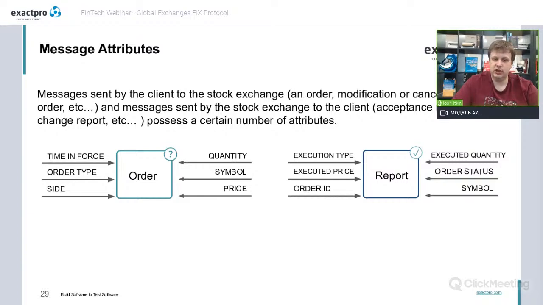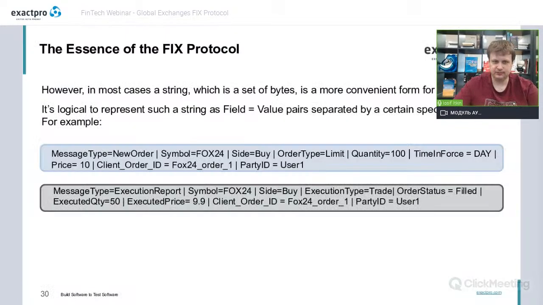These attributes can be symbol representing security, order status, whether it is accepted, rejected, filled, part filled, pending, etc. Order ID is ID assigned by exchange or broker. Executed quantity, it is the part of the order that was executed already, etc. So all of these are message attributes.